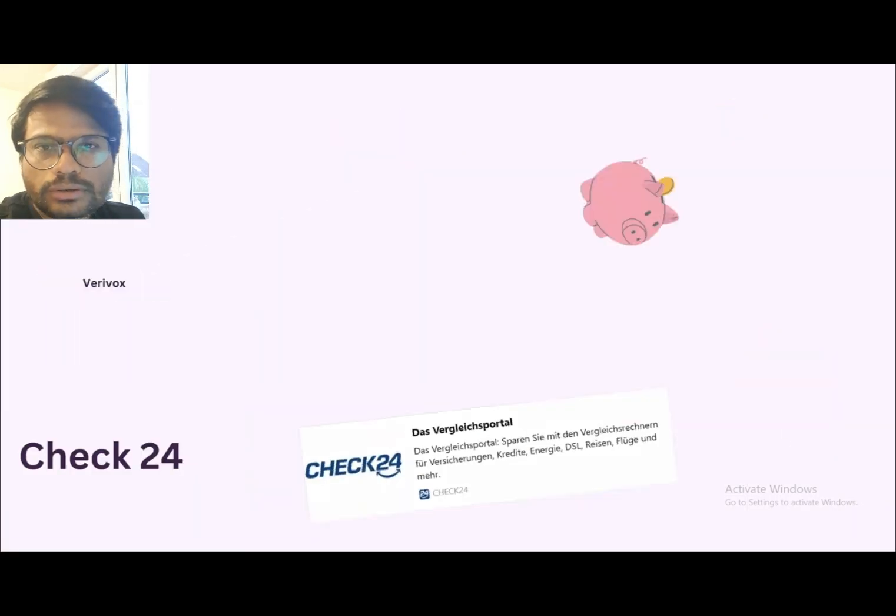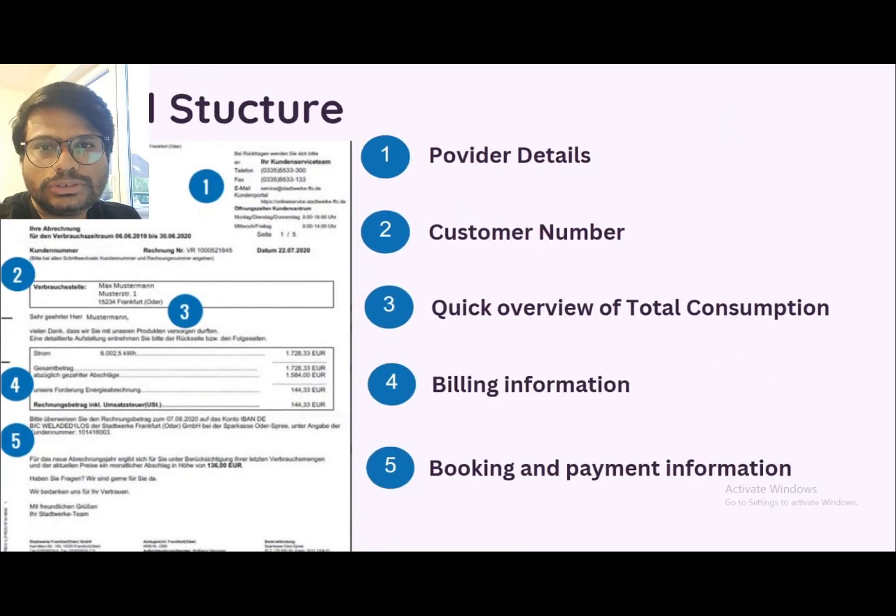Now we come to the last part: the structure of the bill. This is a rough structure. It may vary from provider to provider, but in a nutshell, most of the providers follow this structure.